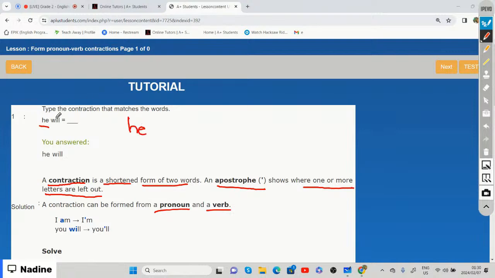And then when it comes to will, we're going to remove the W, we're going to drop the I, we put the apostrophe in its place, and we bring down the double L. So he'll, which also means he will.